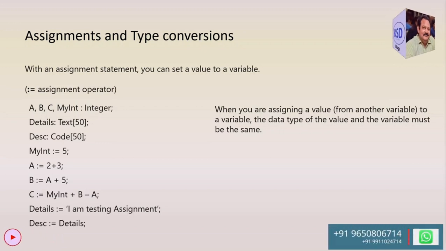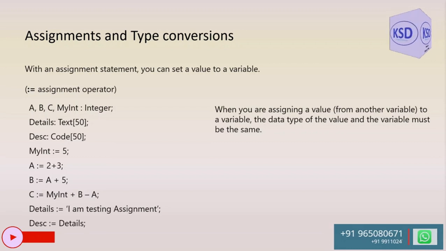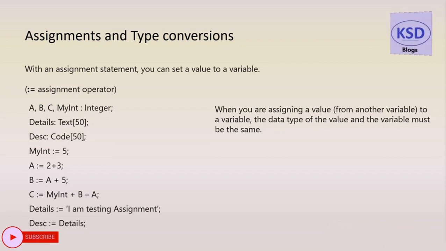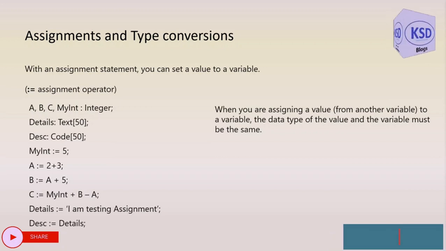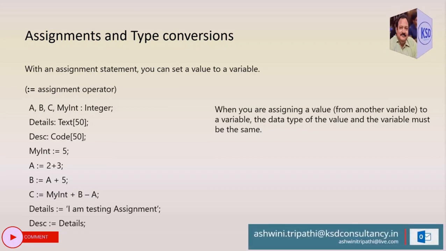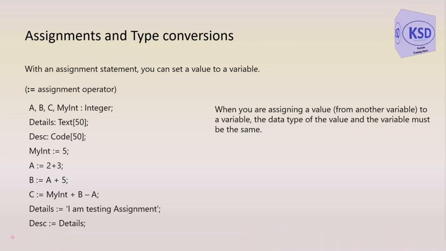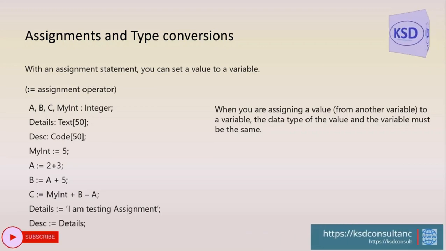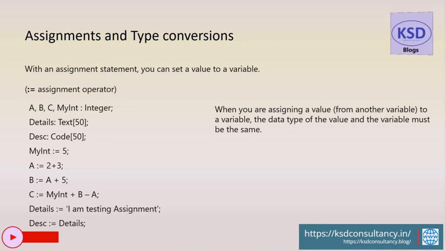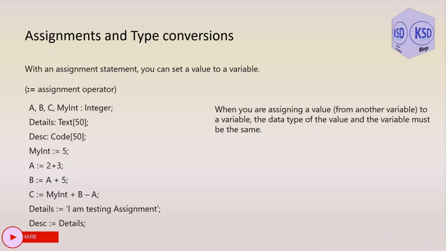You cannot assign a text value to an integer variable or an integer to a text variable. You cannot assign a big integer value to the integer data type if it exceeds the range of the integer. If the value in the big integer is within the range the integer can have, then it is okay. If it exceeds that limit, then you cannot do that.